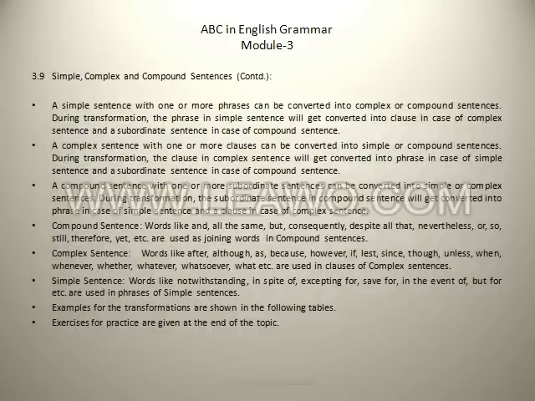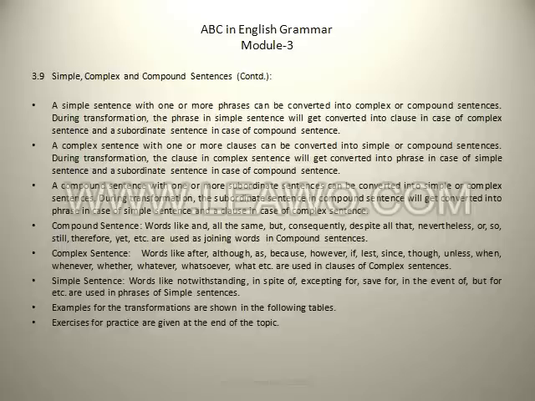Compound sentence. Words like and, all the same, but, consequently, despite all that, nevertheless, or, so, still, therefore, yet, etc. are used as joining words in compound sentences. Complex sentence.